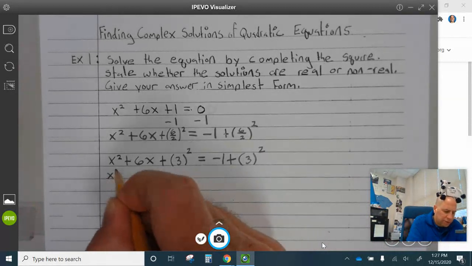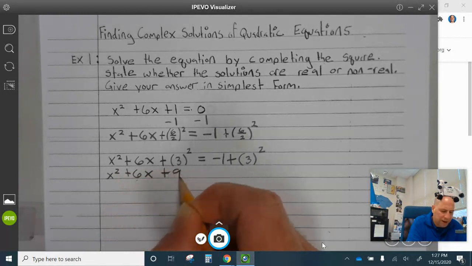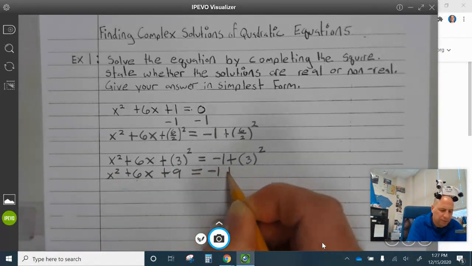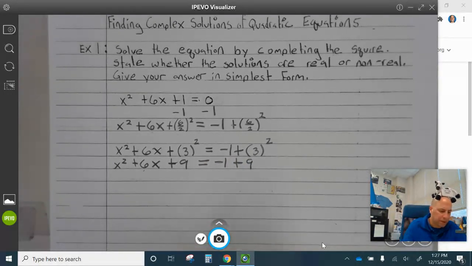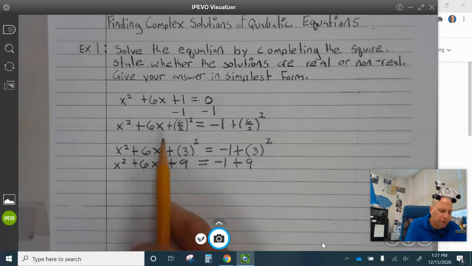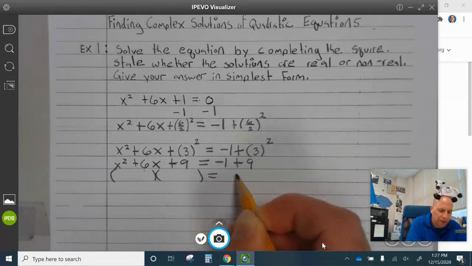So then that's x squared plus 6x plus 3 squared is 9, which equals negative 1 plus 9. Now, the reason we completed the square is so that now we can factor this. So 2 parentheses equals negative 1 plus 9 is 8.